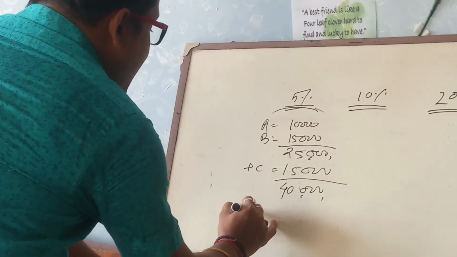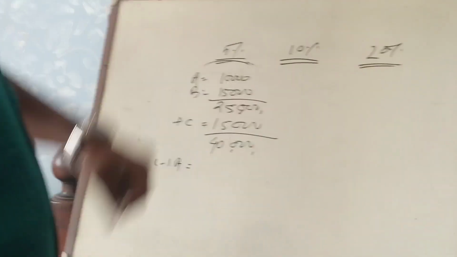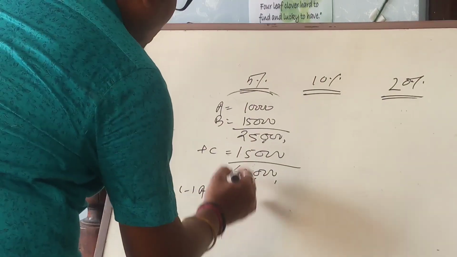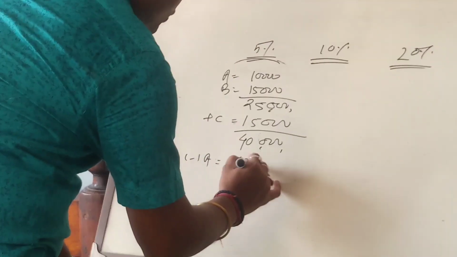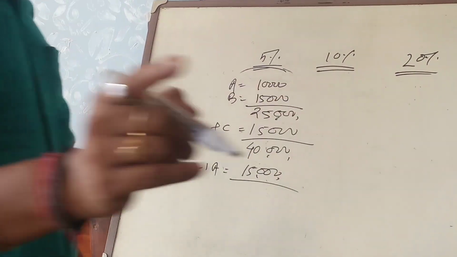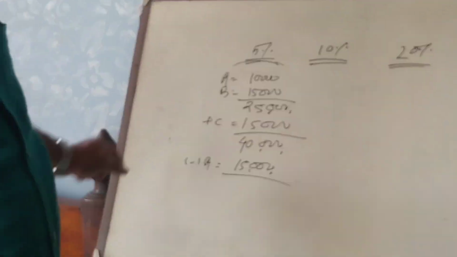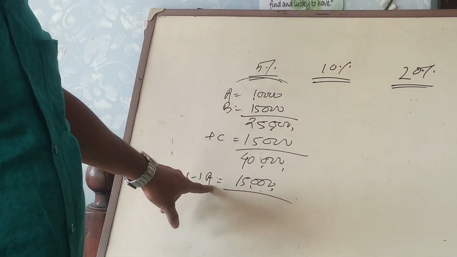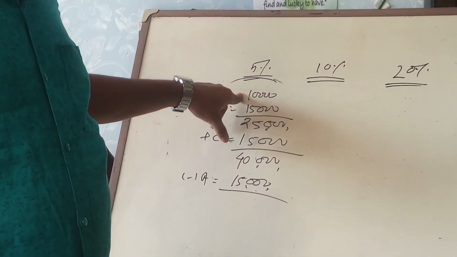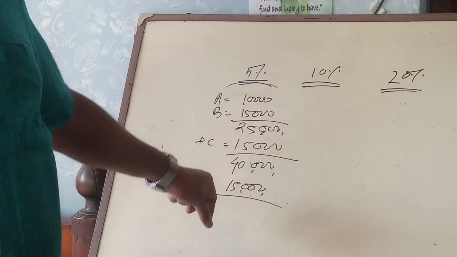If you sell individual asset A at rupees 15,000, deduct 15,000. It is not a considerable fact, as I told you before, that the asset being sold has a WDV of 10,000 and is sold at 15,000, a 5,000 profit.